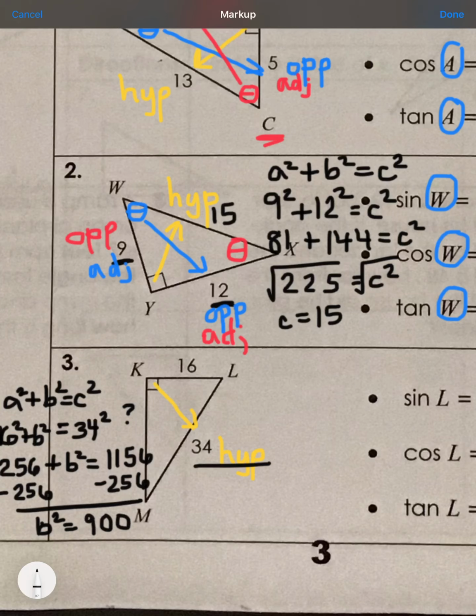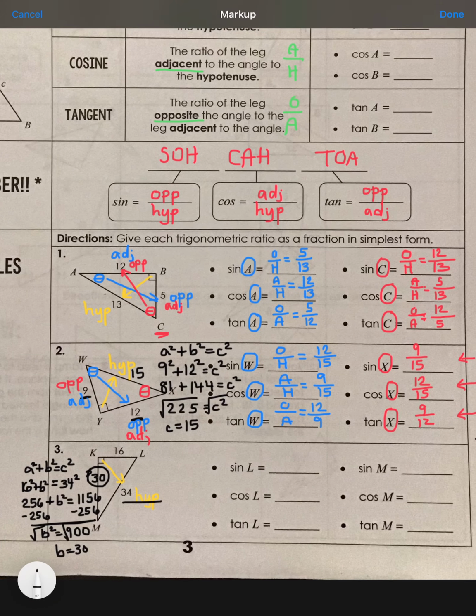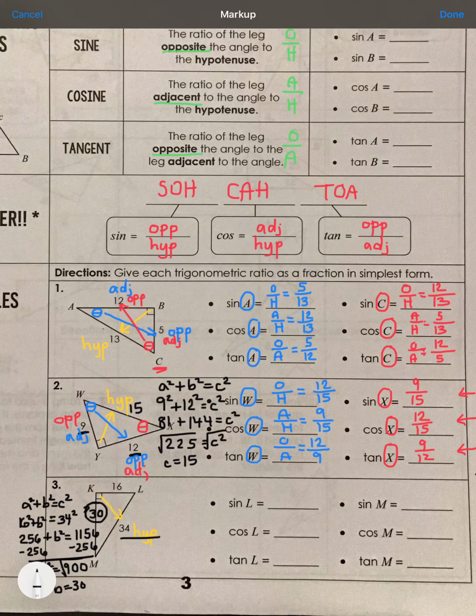So I'm going to subtract 256 on both sides because I'm trying to get B squared by itself. Then I get B squared equals 900. I'm going to take the square root of both sides, and we get B is 30. So this missing side is 30.